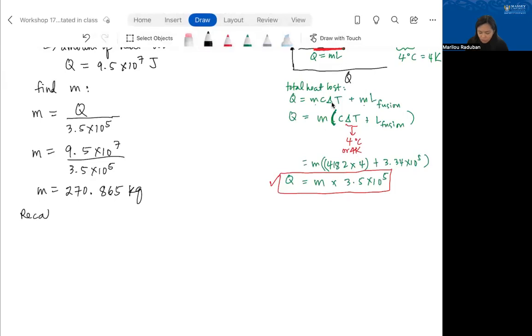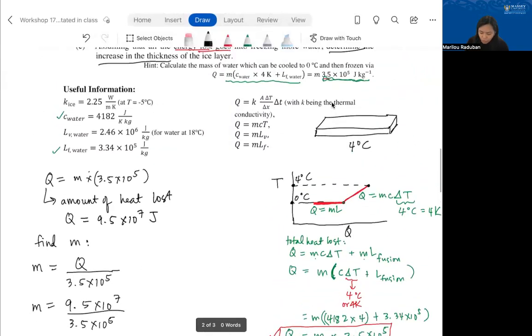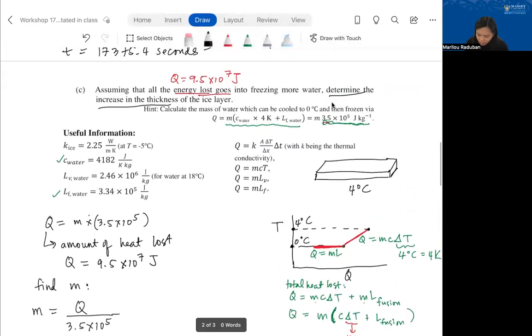So recall that density rho is equal to mass divided by volume. We can rearrange this to find volume: volume is equal to mass divided by density. By using the density of ice, which we're given here, we can solve for the volume.